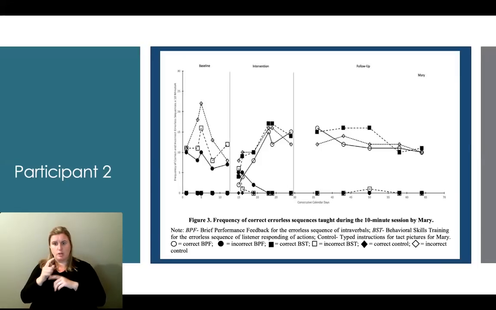But again, there is a consistent increasing pattern in the number of errorless teaching sequences taught for both BPF and BST. During follow-up, we're seeing similar levels of implementation. There are some overlapping points, which indicate that the functional relation is actually established, as there is not really a great difference between levels of performance for skills trained under BST or skills trained under BPF.